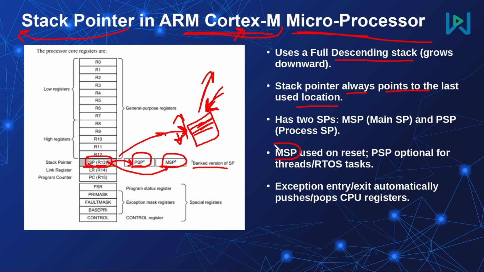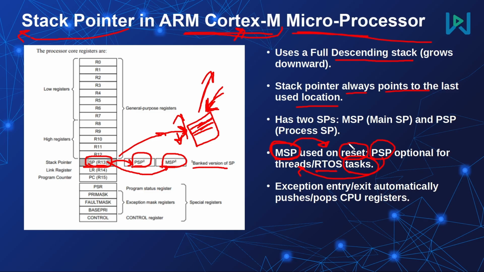The main stack pointer is to be used for your main program. The process stack pointer, on the other hand, will be used in general for the different threads and real-time operating system based tasks. In general, the main stack pointer will be used as the main CPU stack pointer after reset or during the boot up of your main program.